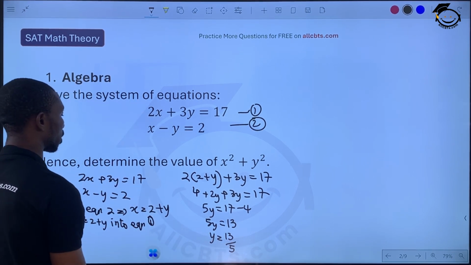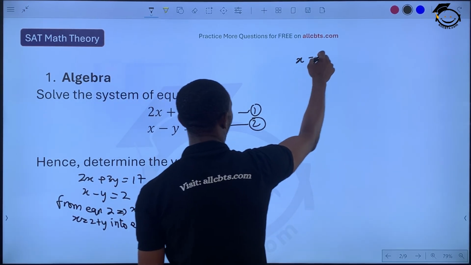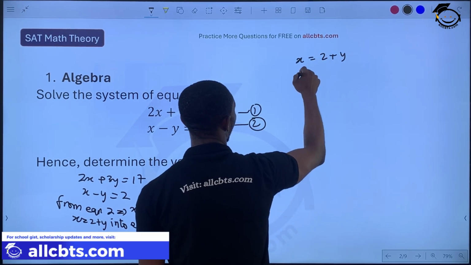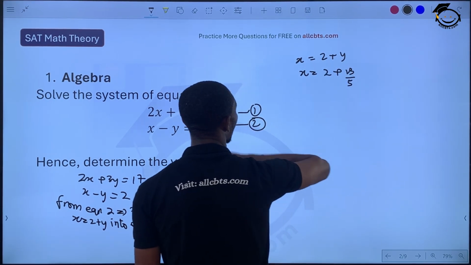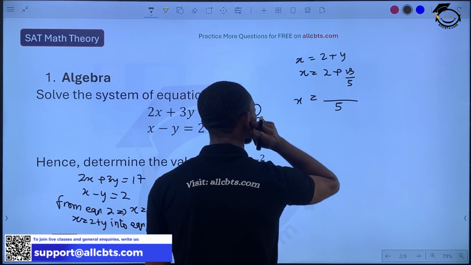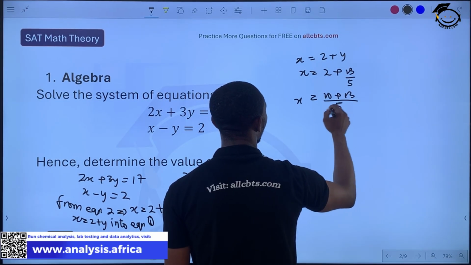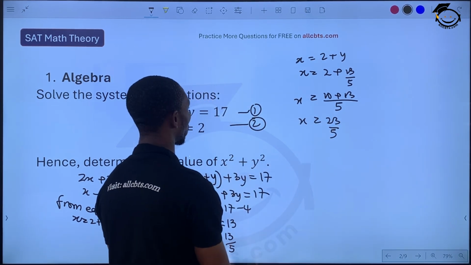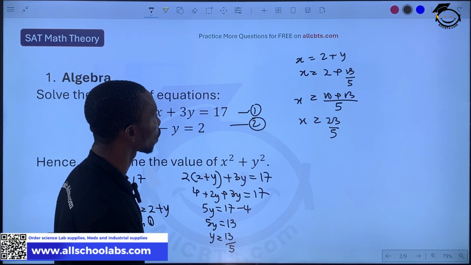Now substituting that into x equals 2 plus y, we have x equals 2 plus 13 over 5. Our LCM here is 5, so x equals 5 times 2, 10, plus 13, which gives us 23 over 5. So x equals 23 over 5 and y equals 13 over 5.